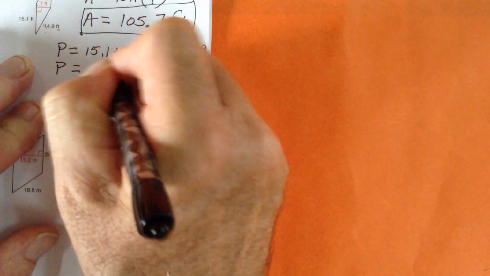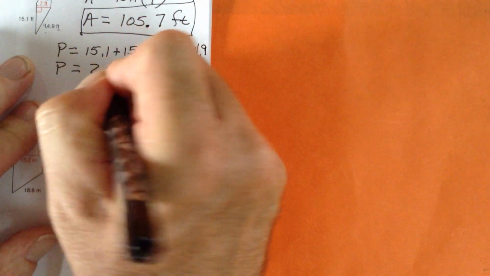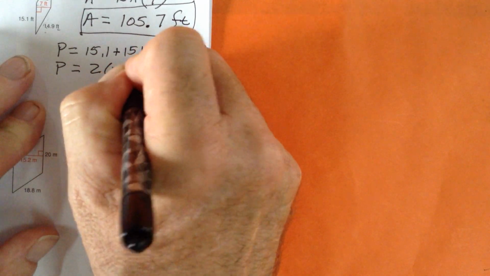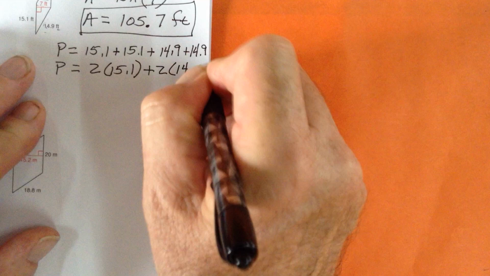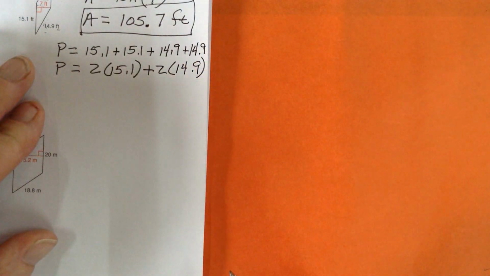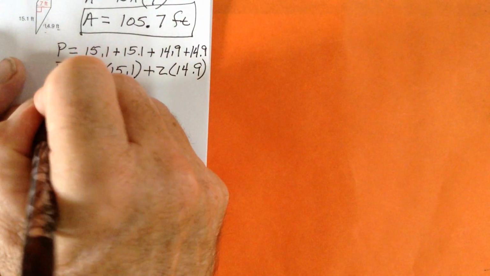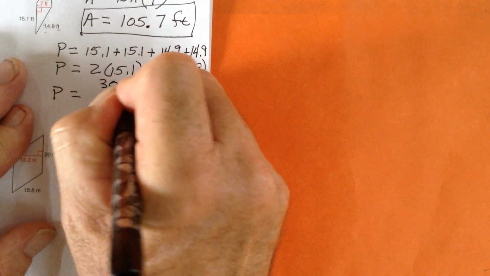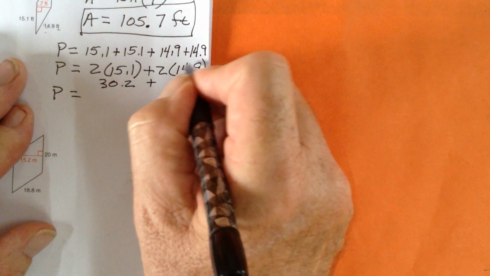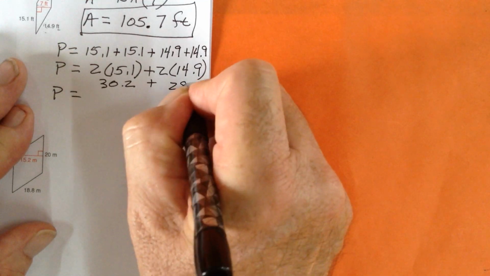Or you can go perimeter 2 times 15.1 plus the two 14.9s.